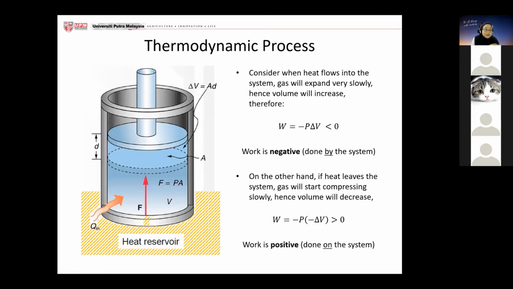The signs are very important, because we have delta U equals Q minus W. If you mess up the signs of Q and W, it's going to be really hard. But it's not something that is hard, so I think you guys will be able to understand and implement this.